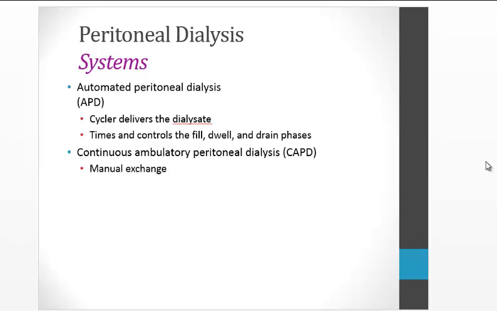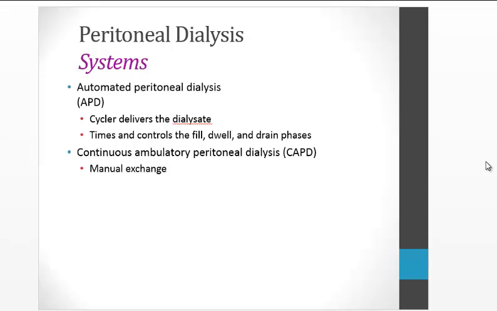The other type of system is called continuous ambulatory peritoneal dialysis. Basically this is where a patient does the manual exchange themselves, so there isn't a machine that they are connected to. They take their Tenckhoff catheter, which is sitting in their peritoneal cavity, and they unhook it and connect it to a peritoneal dialysis bag. Then they put the fluid into their peritoneal cavity.